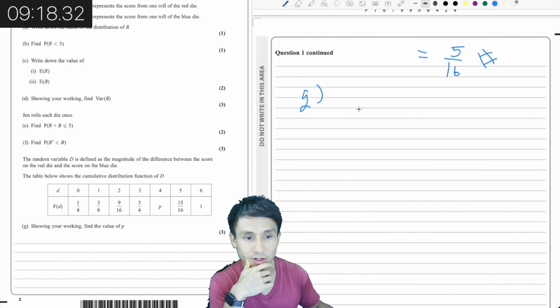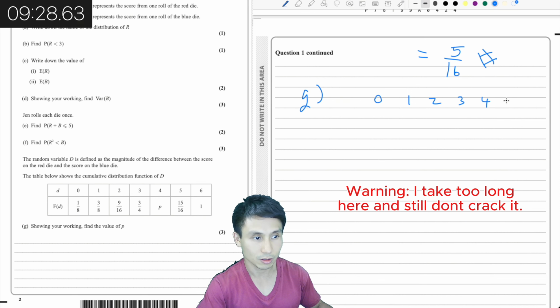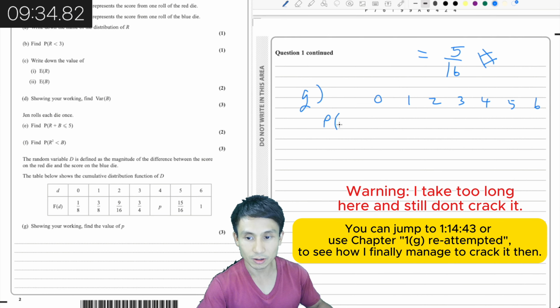All right, so for the table, we can do, wait, hang on. 0, 1, 2, 3, 4, 5, 6. And we can do P of D equals d, right? Just going to move 0 here.